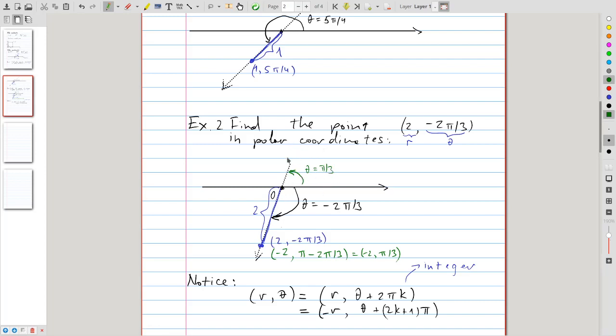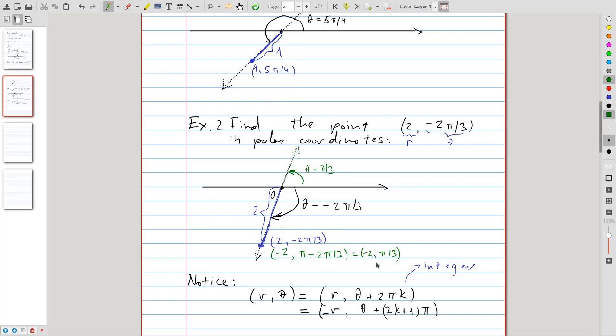Notice that it means that my axis will end up pointing in the opposite direction compared to this here, because these are complementary angles. This is 2 pi over 3 and this is pi over 3. And so after I end up rotating my axis in this direction, now I have the positive direction on the axis pointing here.